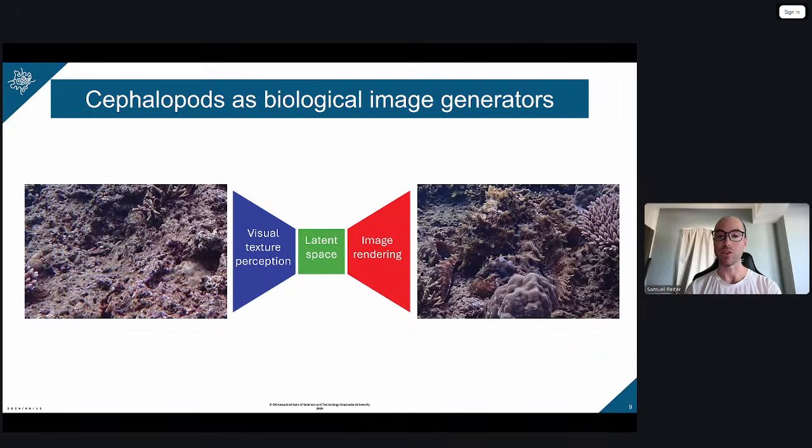These are the visual textures, and these map somewhere deep in the animal's brain, which has a latent representation, some abstract representation of skin patterns. And these skin patterns are then rendered using the animal's motor system onto ultimately the animal's skin, producing the camouflage pattern we can see in the animal's behavior.